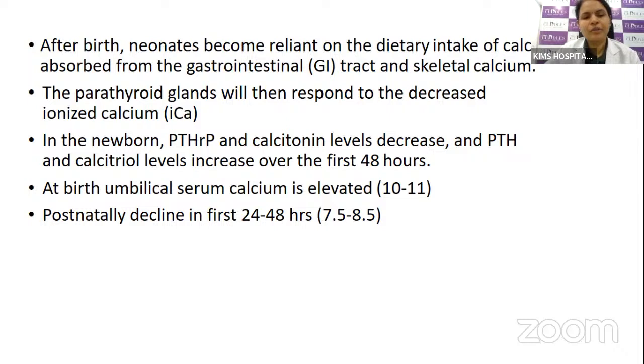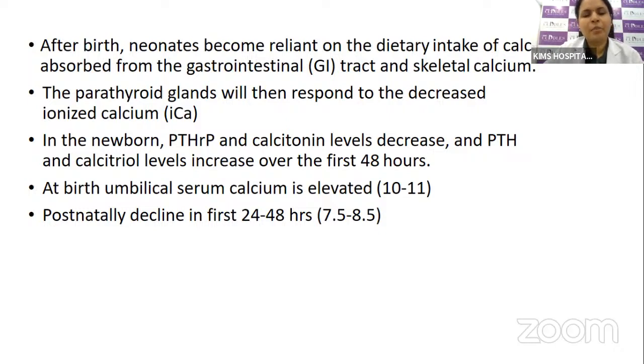In the newborn, because of the relative fall in serum calcium levels, PTH will increase, whereas parathormone-related peptide and calcitonin levels will decrease in the first 48 hours of life. This will gradually normalize once PTH levels manage to normalize the serum calcium levels.